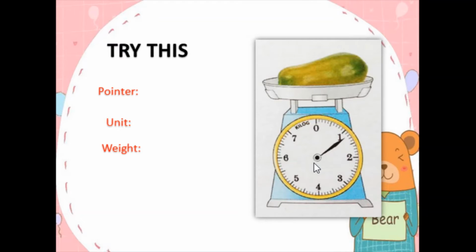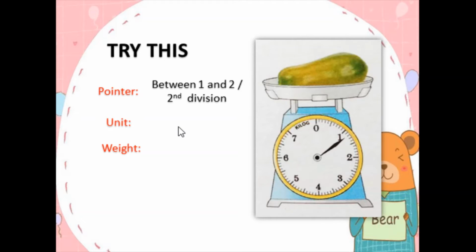Very good. It is pointing between 1 and 2. And it's in the 1, 2. It's in the second division. So our pointer points between 1 and 2 on the second division.